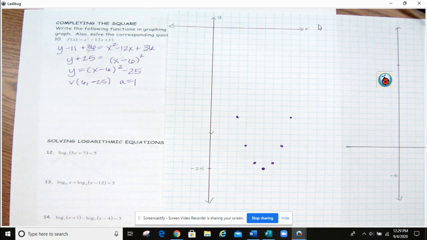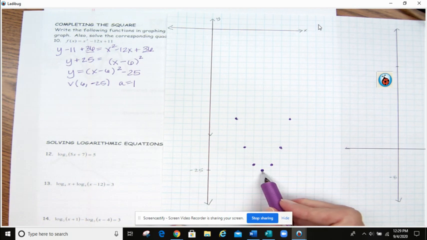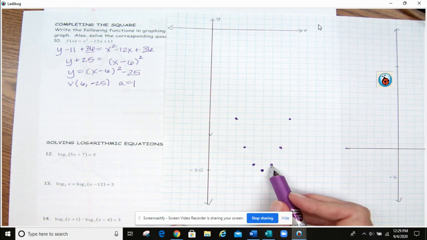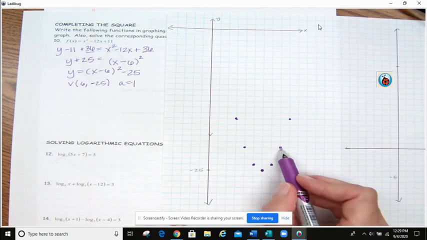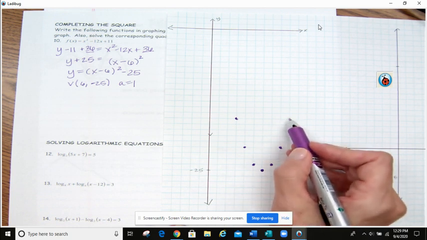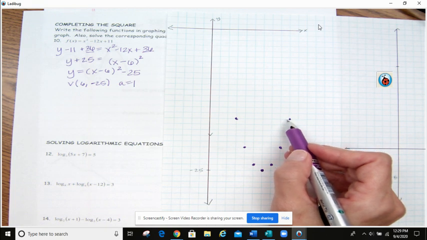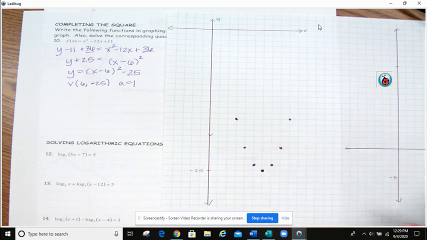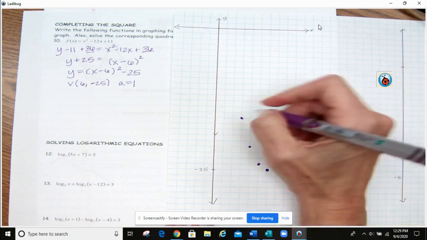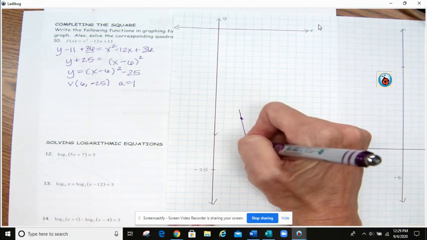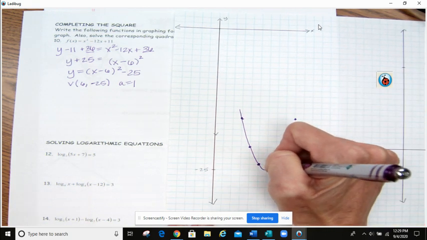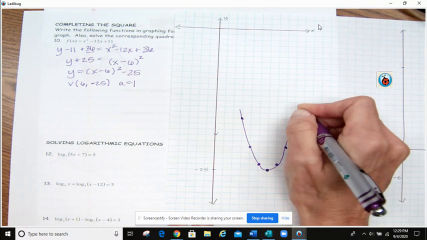And you can continue however long you want till you're happy with your graph. But plot the vertex, over 1, up 1 for 1a, over 1, up 3 times a, over 1, up 5 times a. Then it would be over 1, up 7 times a, 9 times a, etc. Okay, so there's your parabola. Arrows on the end.